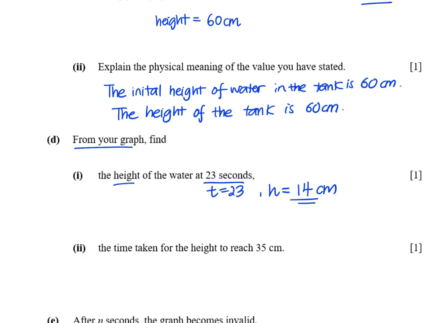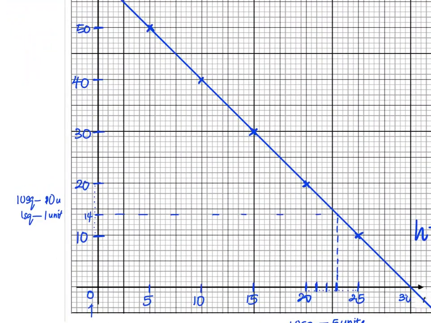Okay, next one, find the time taken, meaning what is the time when the height reaches 35. So height is given to be 35. We're going to find the t, the time is how much. So when height equals 35, let's take a look at where is 35. 35 is over here. Then we're going to put our pair of dotted lines.